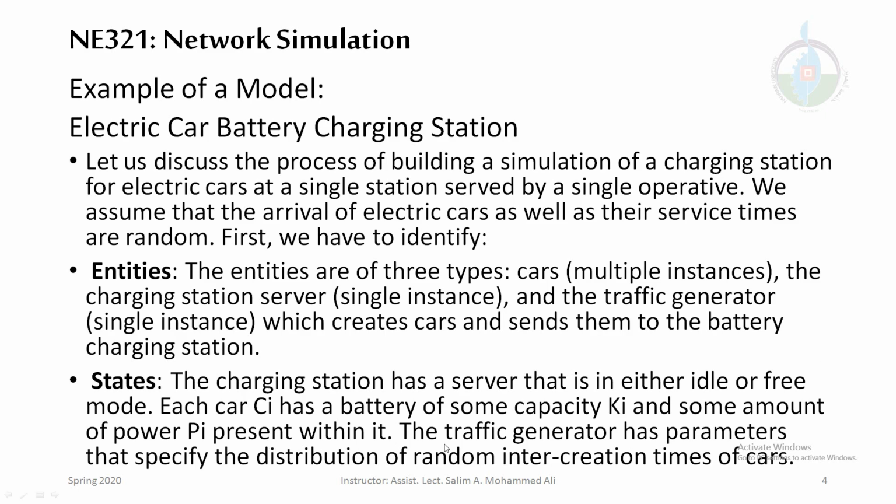The traffic generator's job is to put the parameters for these randomly or based on the distribution. You are going to put these cars in a situation that they will visit the battery charging station.